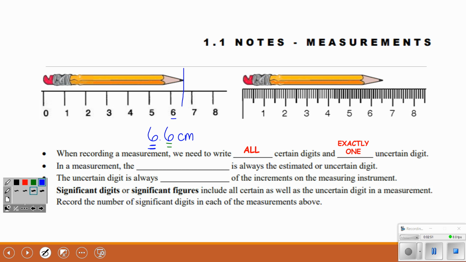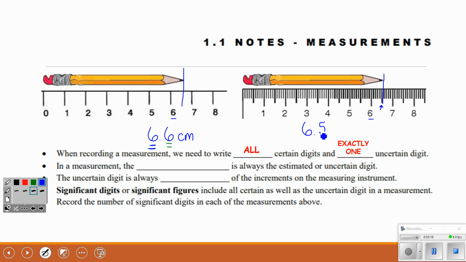For the one to the right, when we're looking at where that falls in between, our certain digit is the 6 here, point. And then we also know that that black line right there is a marking of a 0.5. So we know 0.5 is also certain because it is marked on our measuring device.